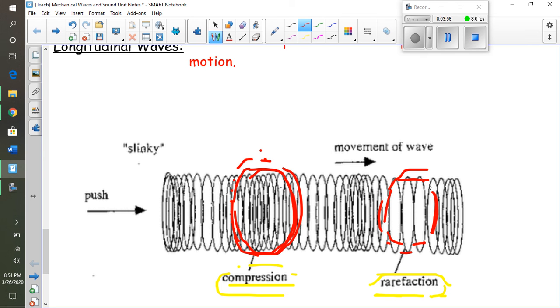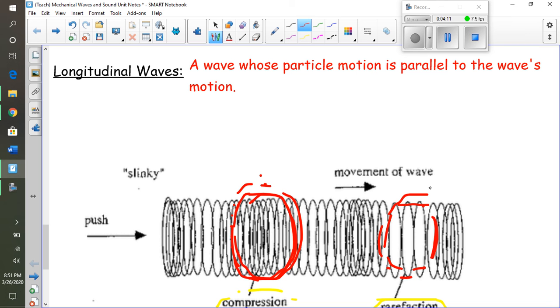There's still a wavelength, which we'll talk about later, but I want to be very careful and point out compression and rarefaction. Those are two very important terms when it comes to these longitudinal waves. Again, that's a wave whose particle motion is parallel to the wave's motion, and you can always pause this video to write down these definitions.